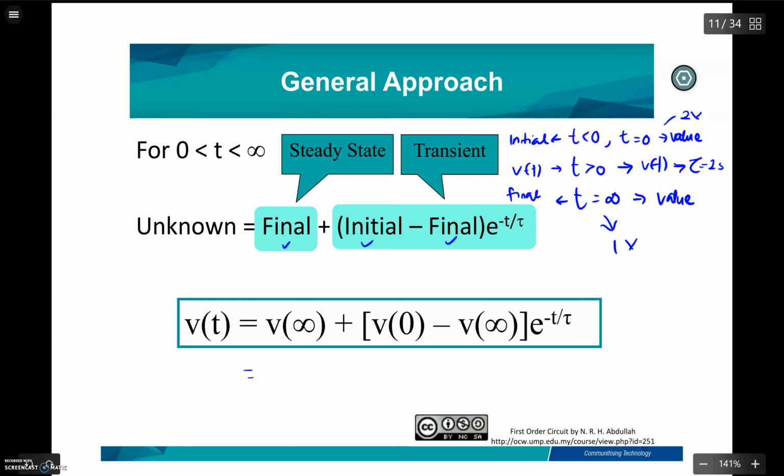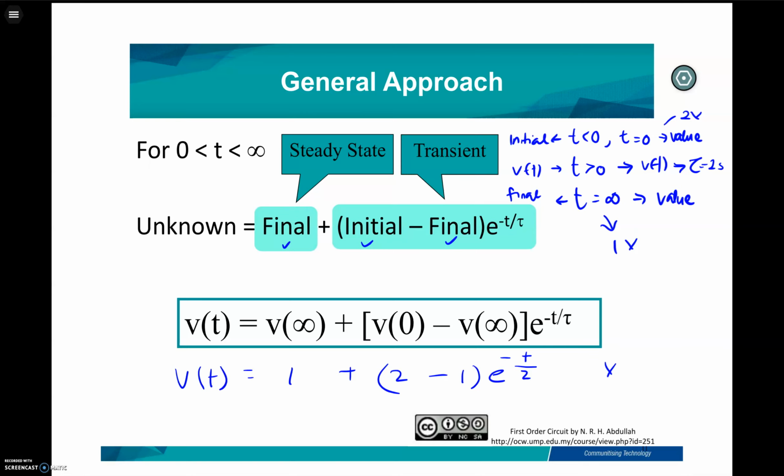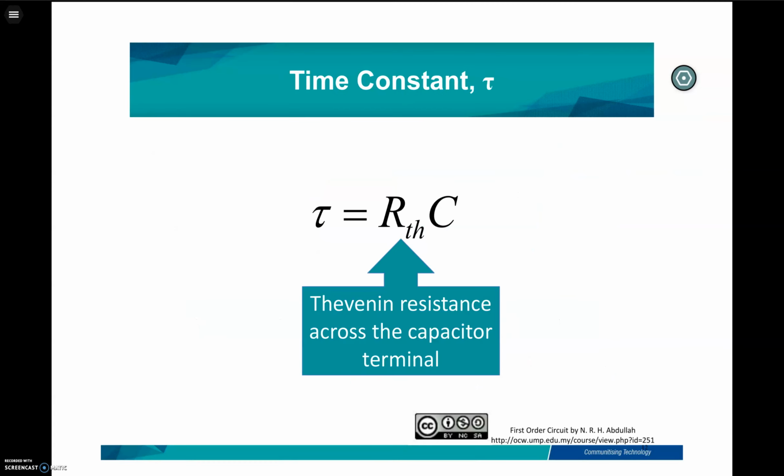Just substitute the values, which is 1 plus 2 minus 1, exponent minus t over 2. So this is the answer of the question. This is the equation that you need to find for this topic. Same as the source free, you can find the tau when the condition of the circuit is t more than 0.